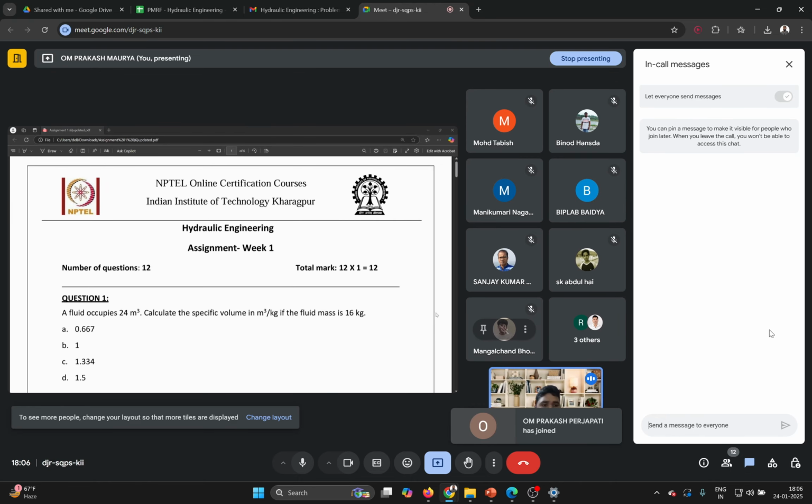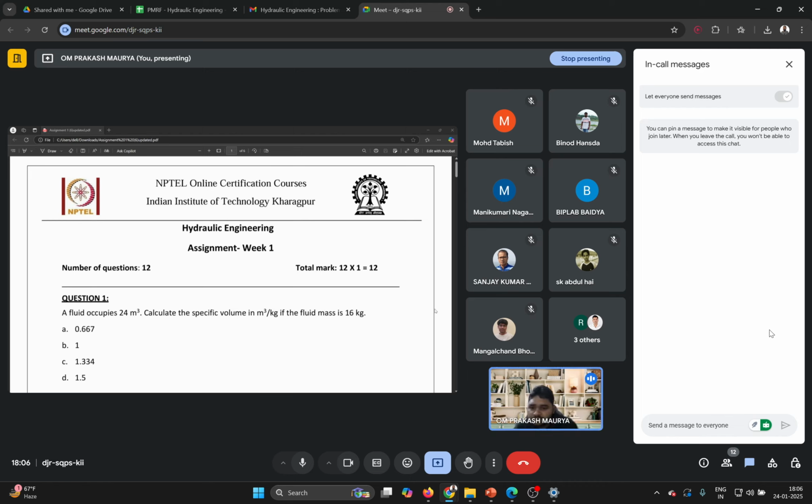So you will write your answer in the chat box. The first question is: a fluid occupies 24 meter cube. Calculate the specific volume in meter cube per kg if the fluid mass is 16 kg. Please try to solve it, then reply which option is correct.